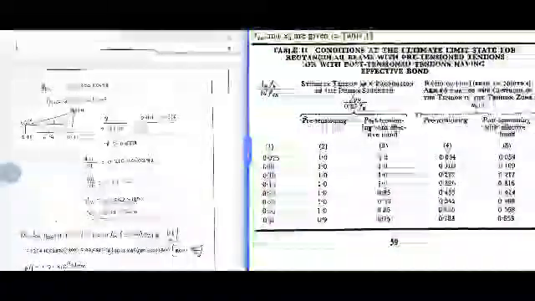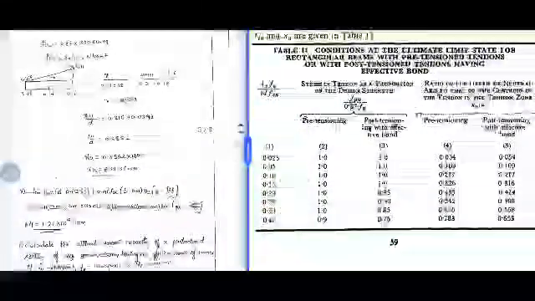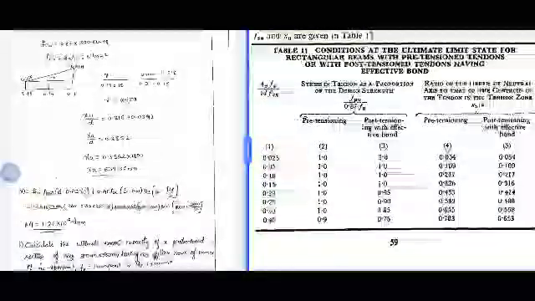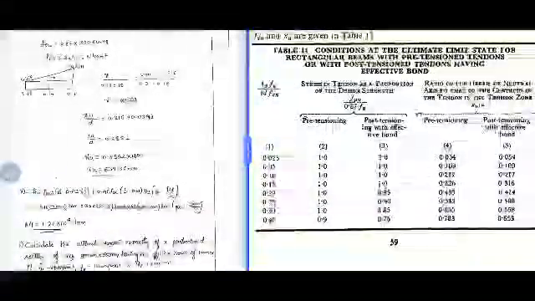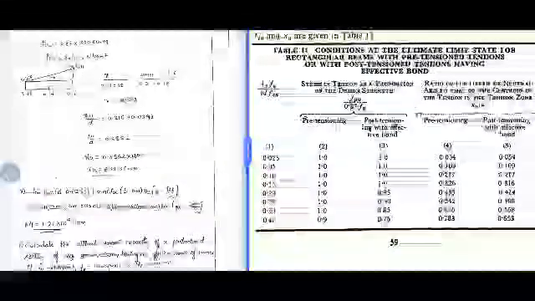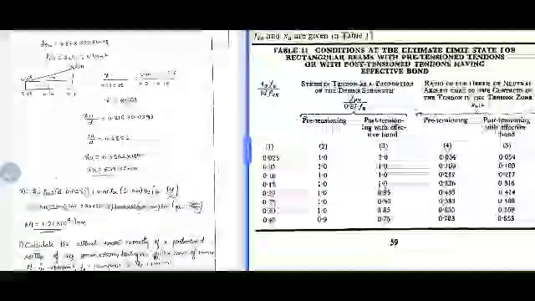Then by considering the moment equation, FPU APW into D minus 0.42 XU plus 0.45 FCK into B minus BW into DF into D minus DF by 2. On substituting all the values, we will get 1.21 into 10 power 10 Newton mm, or you can write it in kilonewton meter also.